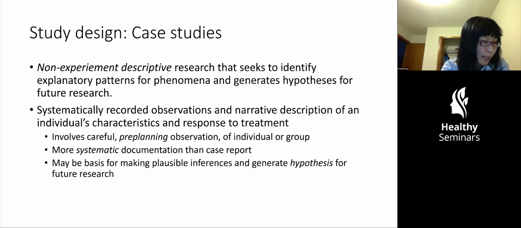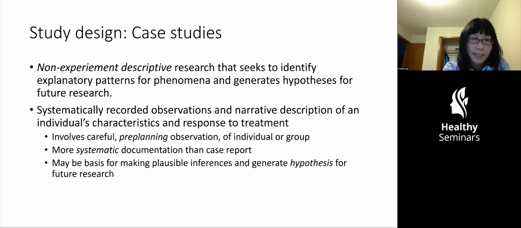So a well-documented case study can provide a rationale to the use of specific interventions, whether it's a unique application or a systematic way of treating a certain condition or set of symptoms.